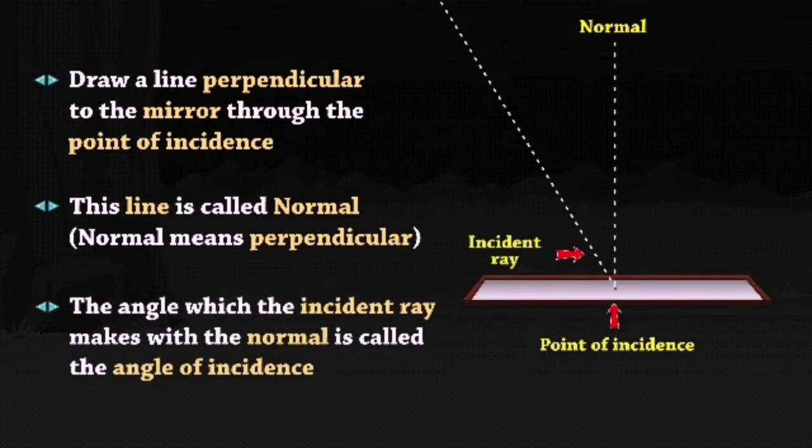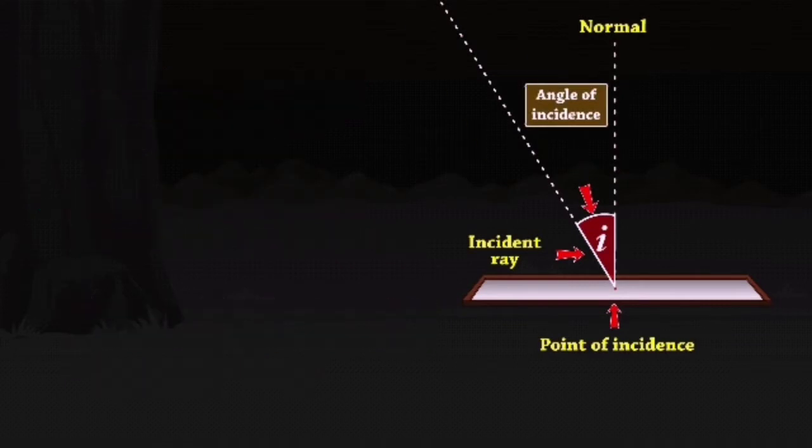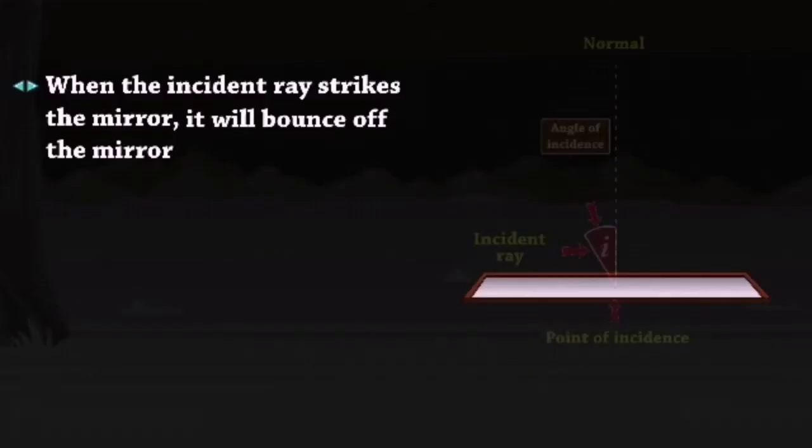The angle which the incident ray makes with the normal is called the angle of incidence. That is angle I. When the incident ray strikes the mirror, it will bounce off the mirror.